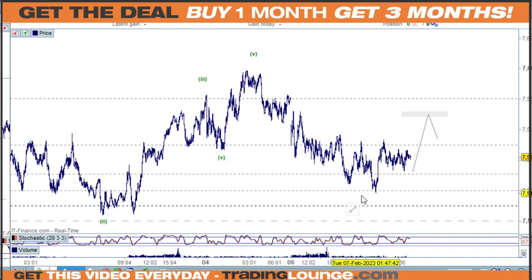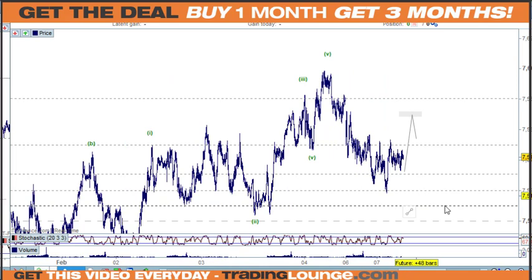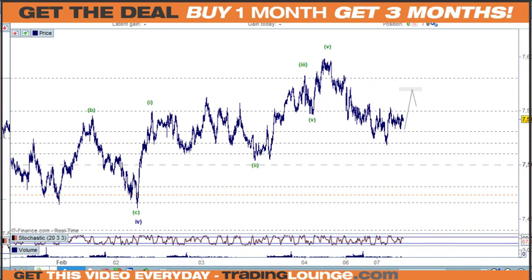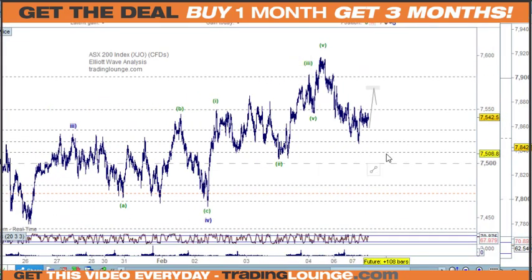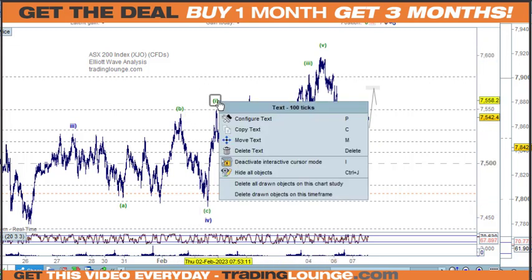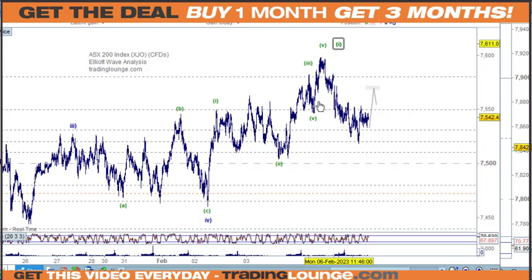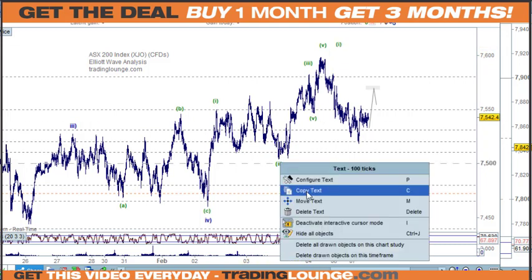The only other way to look at this is as some sort of corrective wave here, 1, 2, 3, 4, 5, and if we're going to look further to the upside, then we'd have to look at it like this over here.